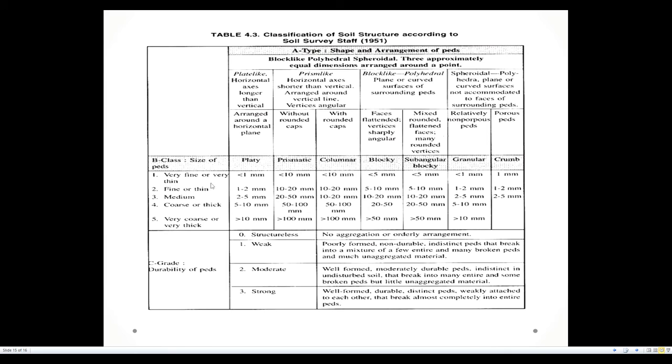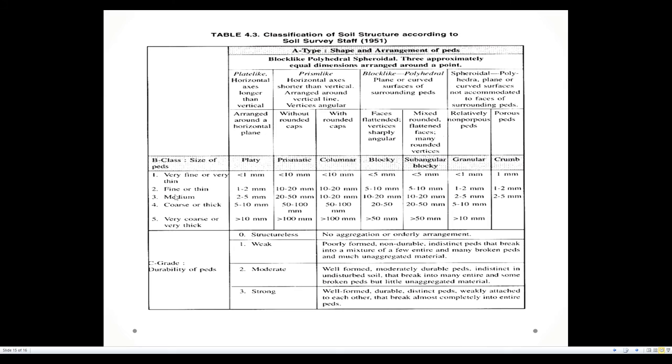That is the size of the ped. Is it very fine or very thin? In this it is classified like these types of soil: platy is less than 1 millimeter, prismatic is less than 10 millimeter, columnar is less than 10 millimeter.